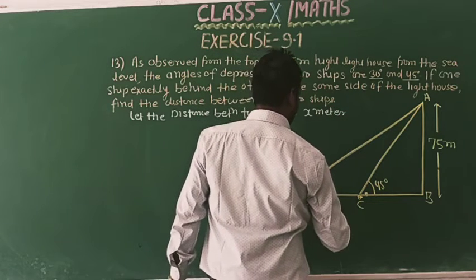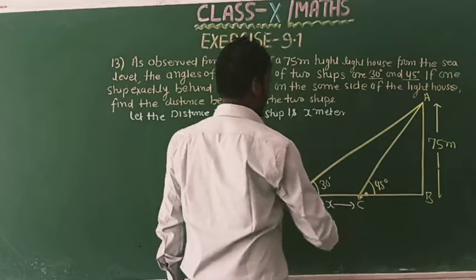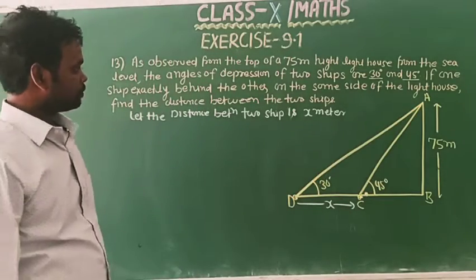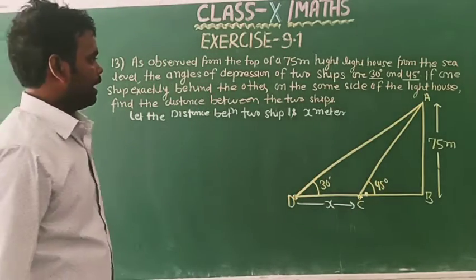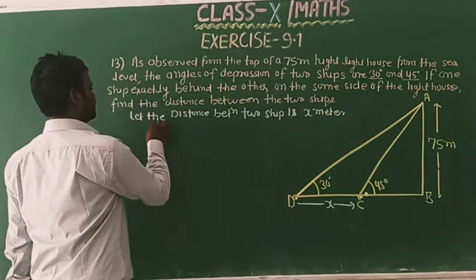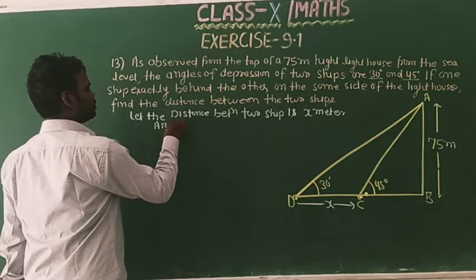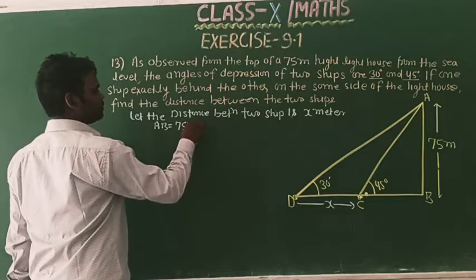This is the distance between the two ships, x meter, and AB is given as 75 meter.